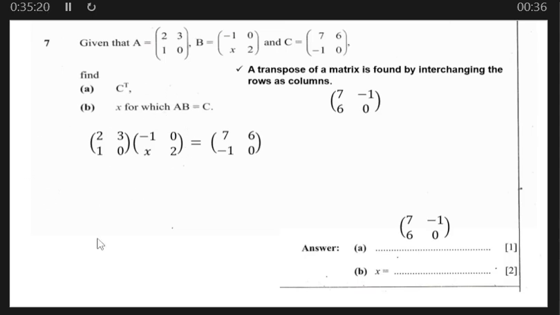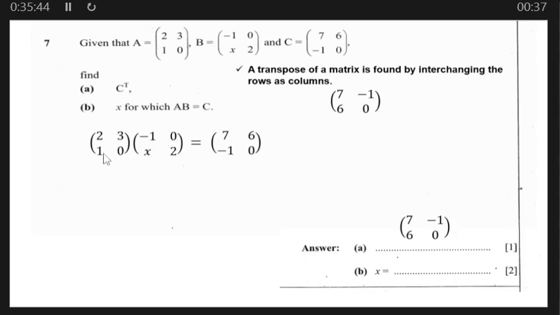So how? You multiply the first row with the first column, then the first row again with the second column. Then the second row with the first column, and again the second row with the second column.